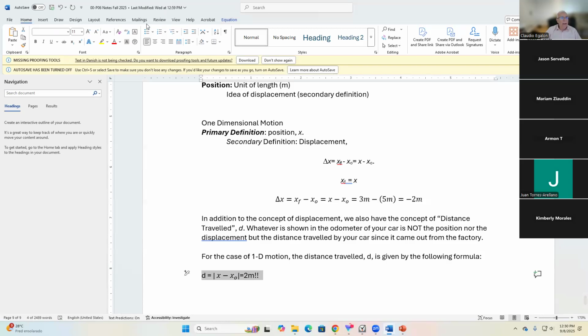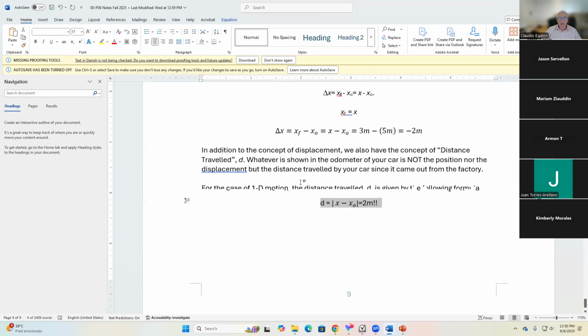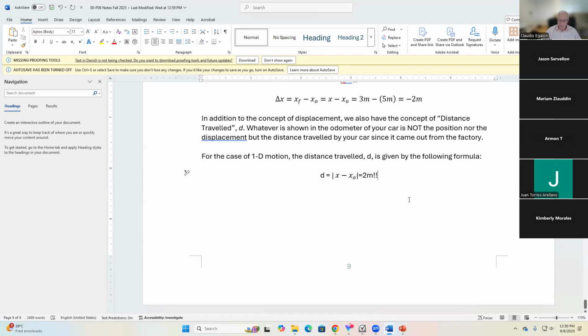Without the minus sign. I'm going to emphasize here that we have a plus sign here for the distance covered.